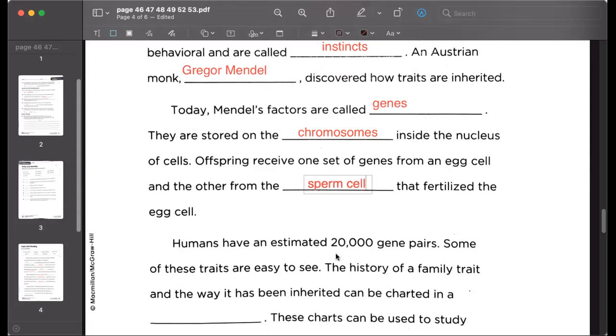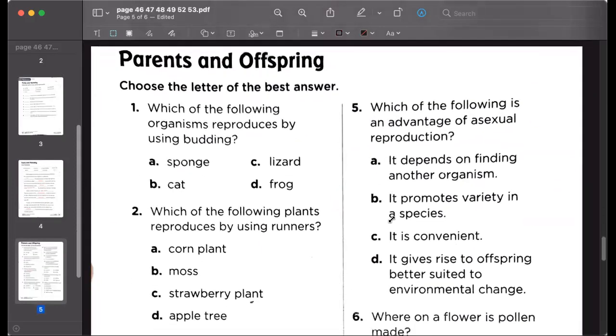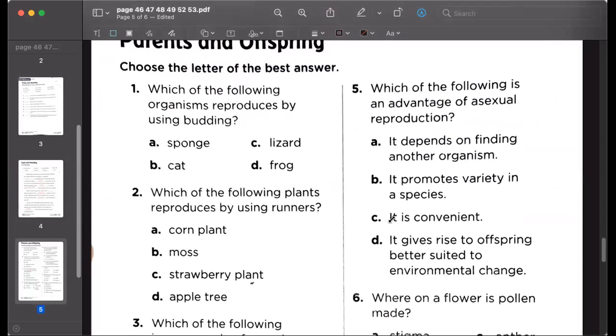And the last is again this, what we name, that is super easy. Pedigree. Okay, my dear students, after that we are going to solve the workbook page number 52.